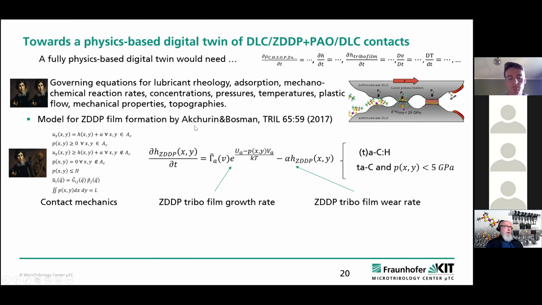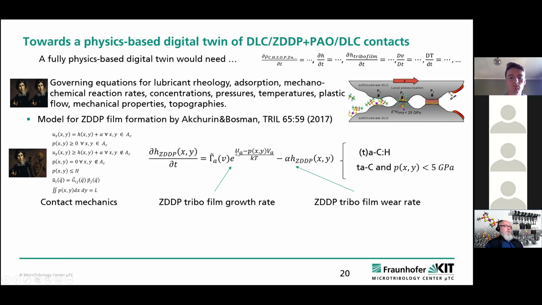And I think it would also apply to our DLC contacts in the case that the local pressures are smaller than 5 GPa. So Ida did contact mechanics. He got the local pressures. And these local pressures are fed into a growth model for the tribofilm height, which has a mechanochemical growth term and some empirical wear term.